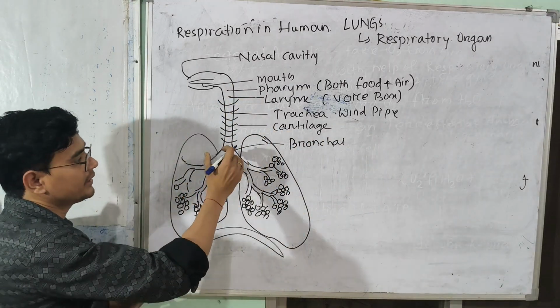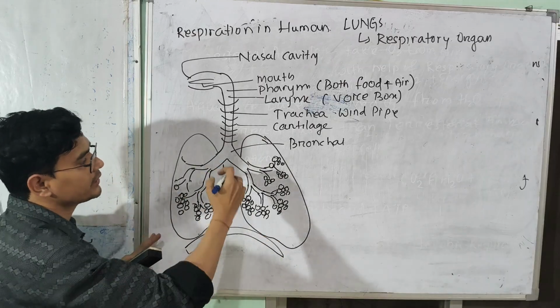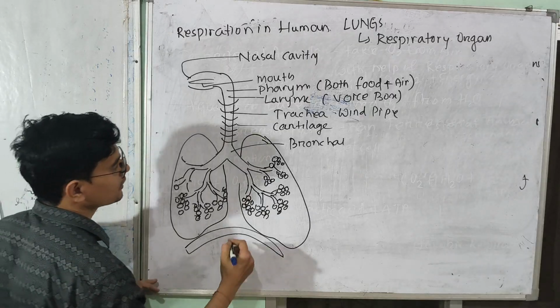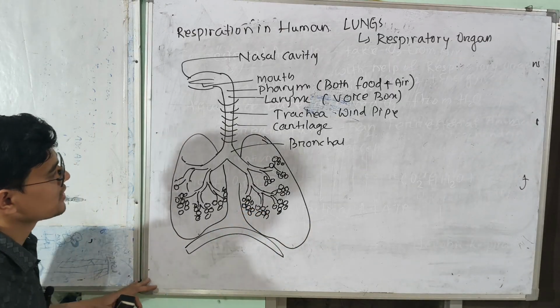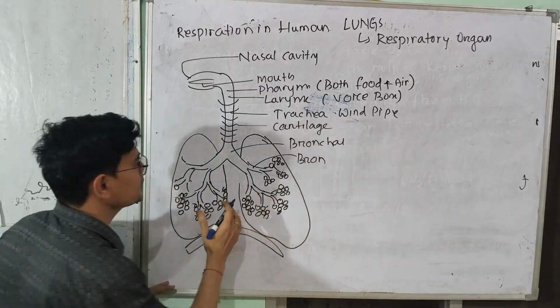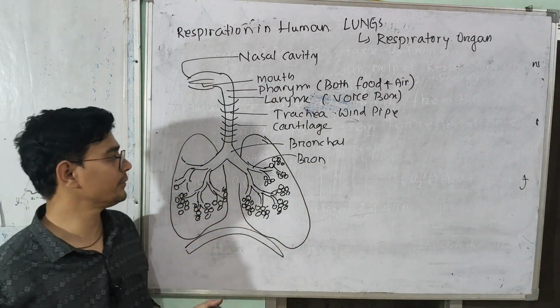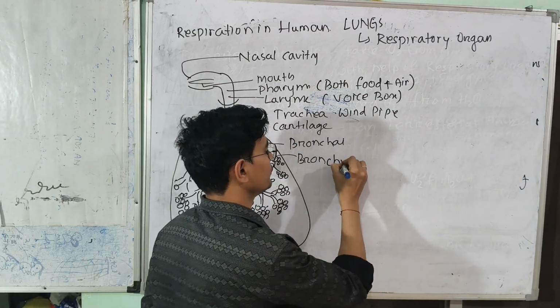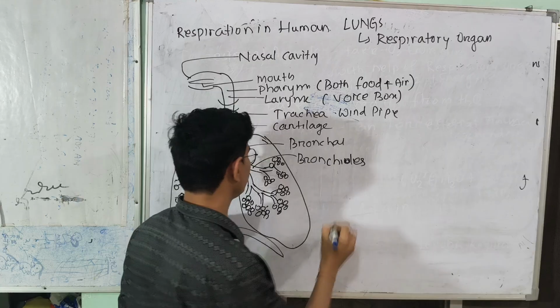The trachea divides into two parts, which are called bronchi, and this is the bronchioles. The bronchi also divide into smaller parts, which are called bronchioles.